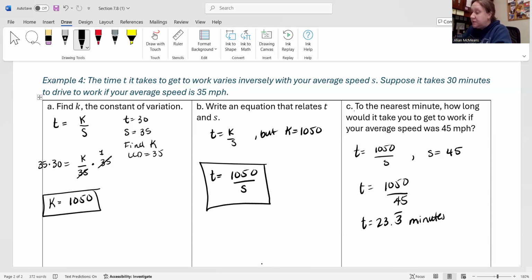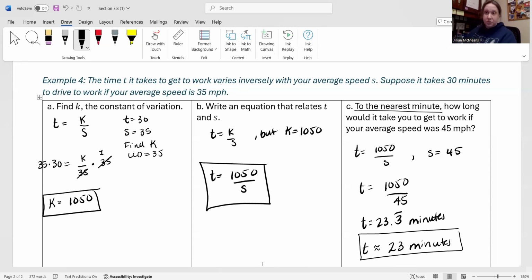It says to the nearest minute. If I were going to round 23.3 to the nearest ones place, I would say t is approximately 23 minutes. So again, as my speed increased, I went from 35 miles an hour to 45 miles per hour, my time to get to work decreased. It went from 30 minutes down to 23 minutes.